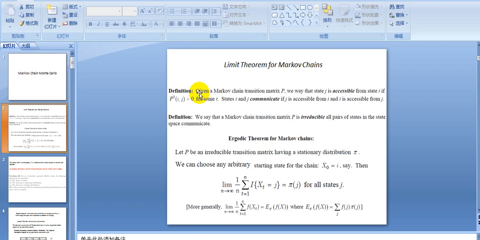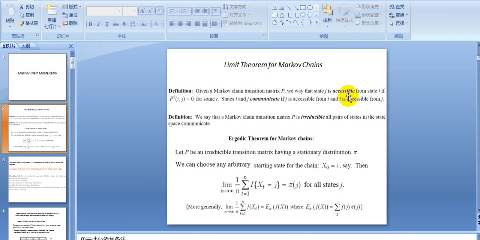Definition: given a Markov chain transition matrix P, we say that state j is accessible from state i if P's power t, entry ij, is bigger than 0 for some t. State i and state j communicate if j is accessible from i and i is accessible from j.